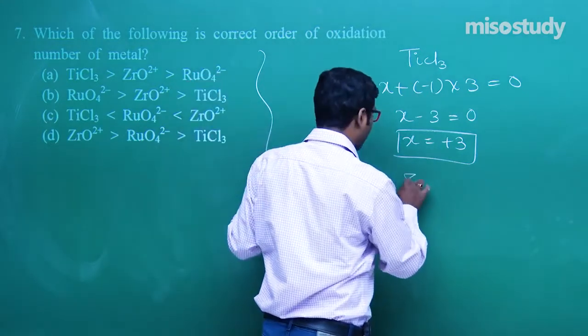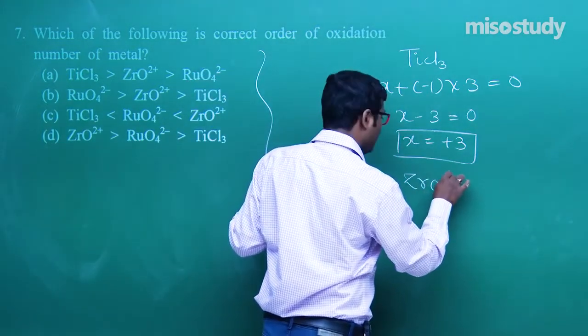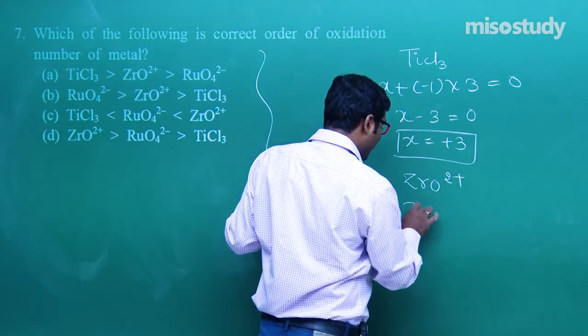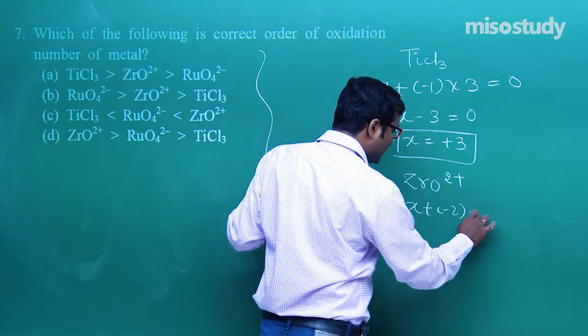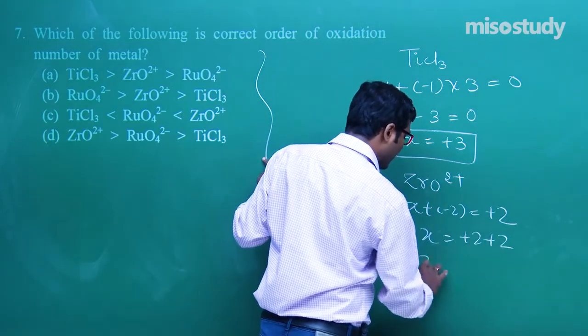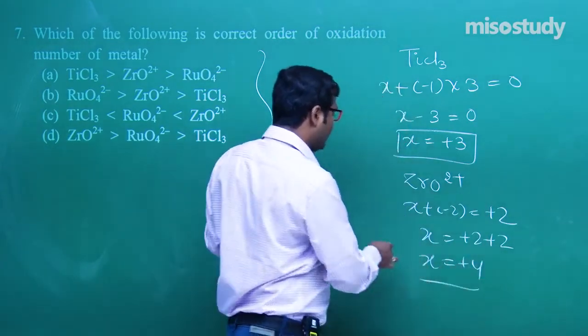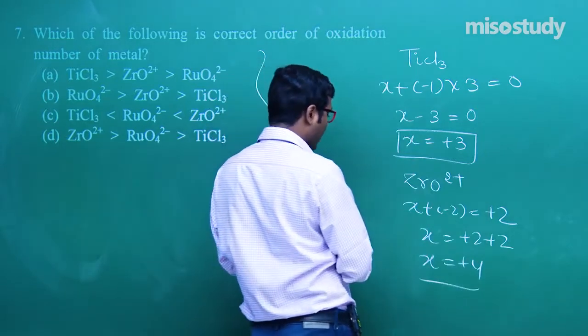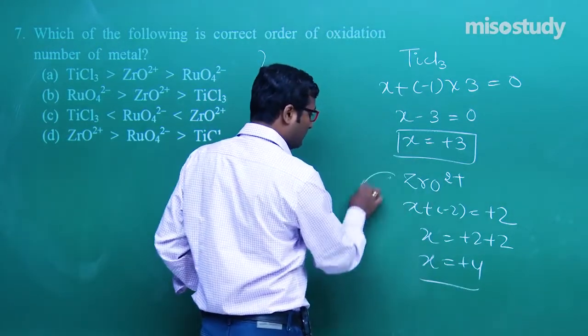Now for zirconium, ZrO2 2+, X plus (-2) is equal to +2, so X is equal to +2 +2, X is +4. In the second case, the oxidation state is +4.